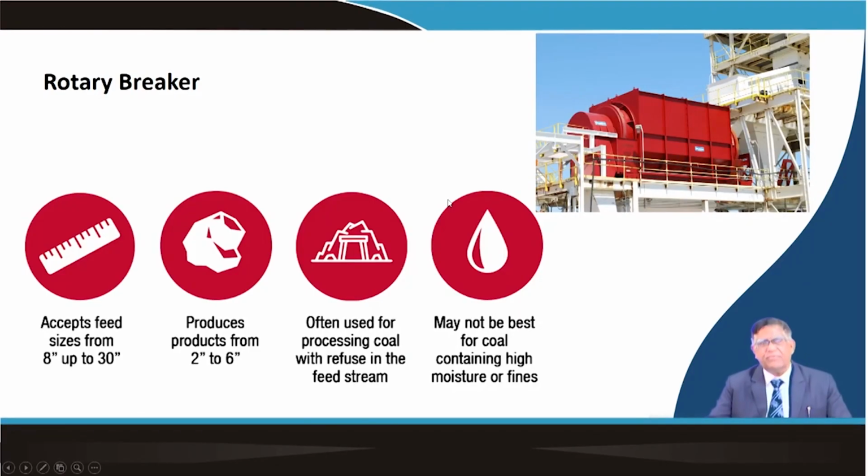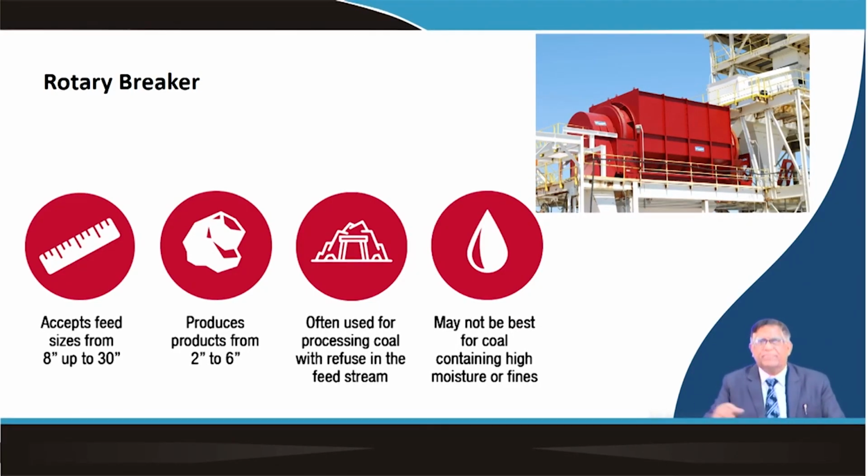Now, another type of breaker in coal mining is the rotary breaker. Rotary breaker means there is a big trough, and inside this drum or barrel the coal is fed from here, and when it rotates, by its own action the coal gets broken.